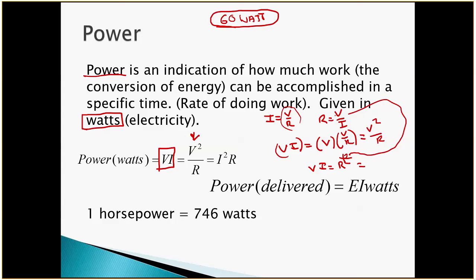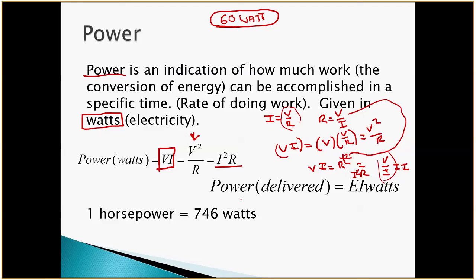I can make the same derivation here, where R is equal to V over I. And if I have V over I, and I have I here, I have to have another I on top of it because I added the I down here in the bottom, so I can come up with I squared R. I squared R is another way of calculating wattage.